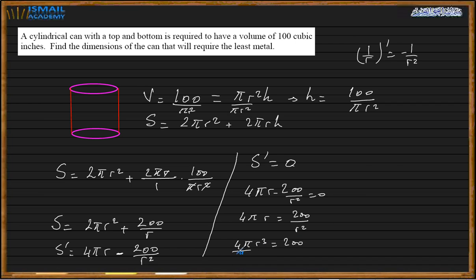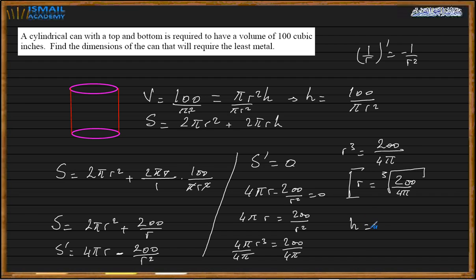So divide both sides by 4 pi. So r cubed will be 200 over 4 pi. So I take the cube root of r cubed, so it's going to be the cube root of 200 over 4 pi. Now I have my radius, so I substitute this into here.